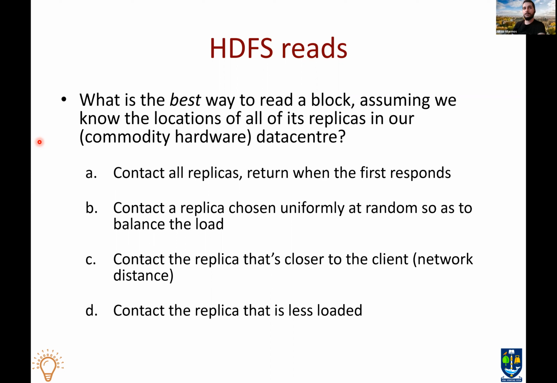C, where you contact a replica that's closer to the client by network distance, again tries to optimize for latency and also for throughput. Because closer, remember, means that you try to find a replica that is in the same node as you. If not, then in the same rack as you.